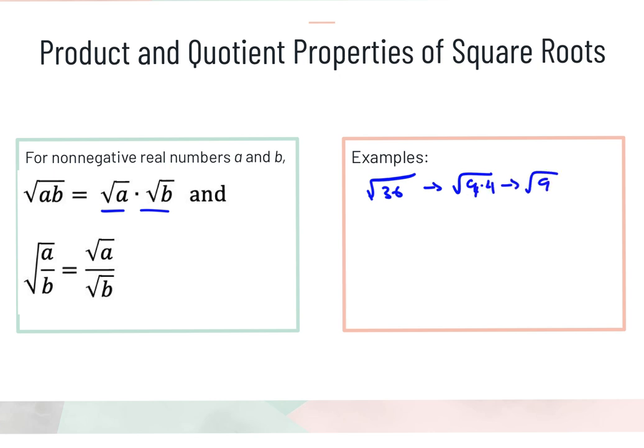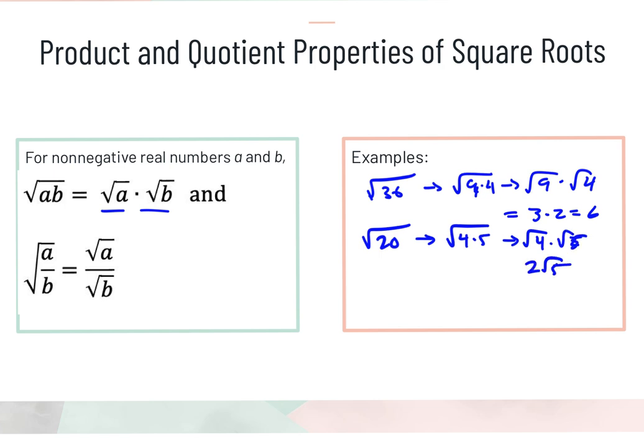I can split that up into the square root of 9 times the square root of 4, which is 3 times 2, which is 6. Similarly, the square root of 20 can split into 4 and 5, which is the square root of 4 times the square root of 5, so that will be 2 square root of 5.